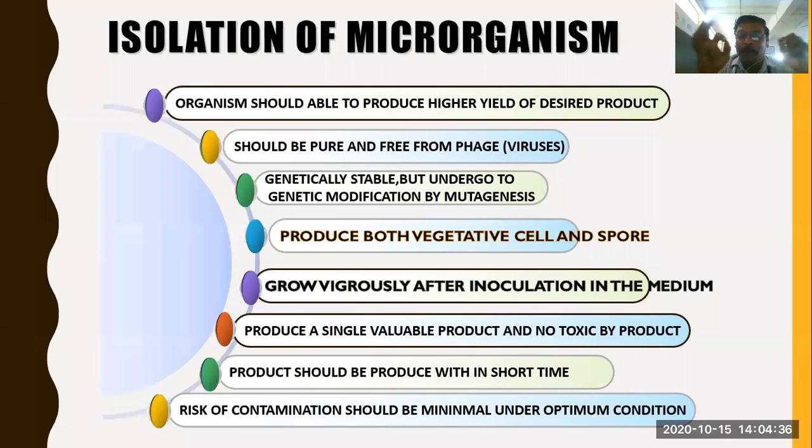The product should be produced within a short time, and the risk of contamination should be minimal under the optimum condition, because for optimum condition, environmental parameters are there: carbon source, nitrogen source, temperature, oxygen requirement, etc. That's why I'm using the words optimum condition, but the risk of contamination should be minimal, or it should not get contaminated.